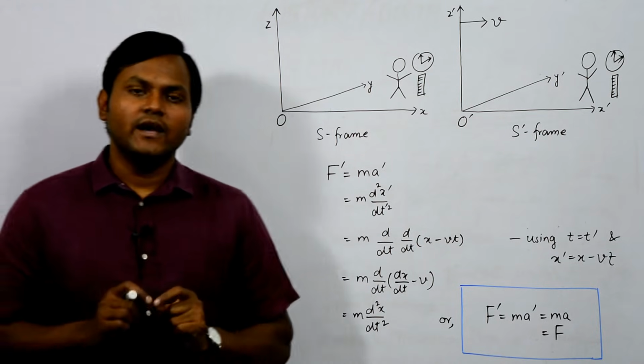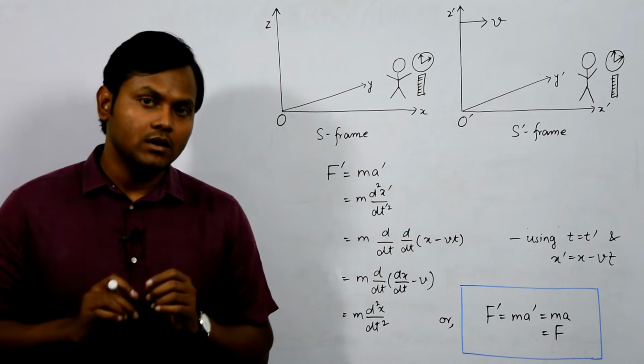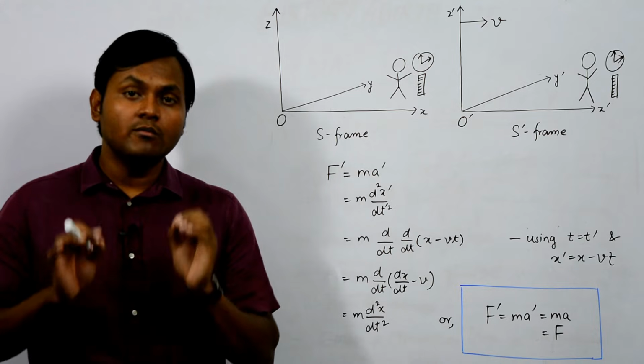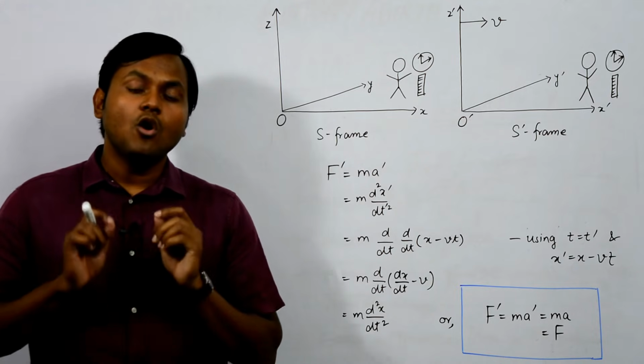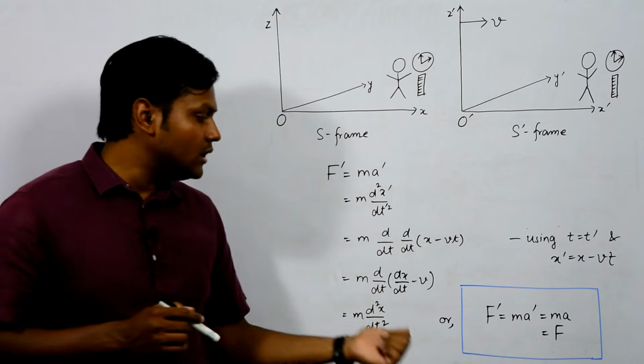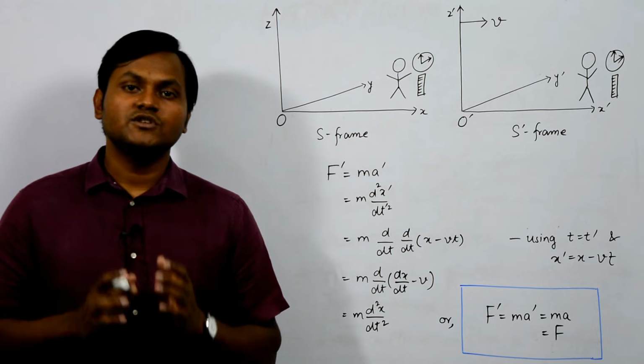What does this signify? It signifies that Newton's laws of motion remain the same. They are invariant. They retain their form and expression across all inertial frames of reference. This means that this physical law is universal in nature for all inertial frames of reference.